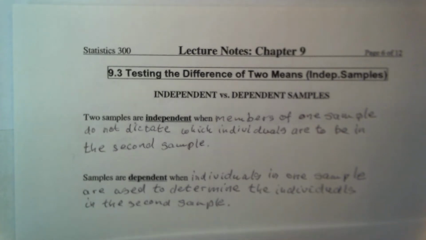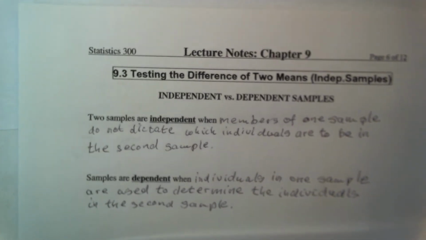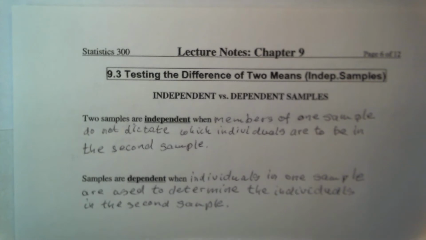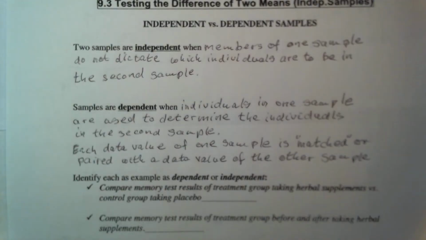That sounds very formal, and obviously there has to be a formal definition, but when you look at examples, it's pretty intuitive. I added something to make it more understandable. We can also say that each data value of one sample is matched or paired with the data value of the other sample.